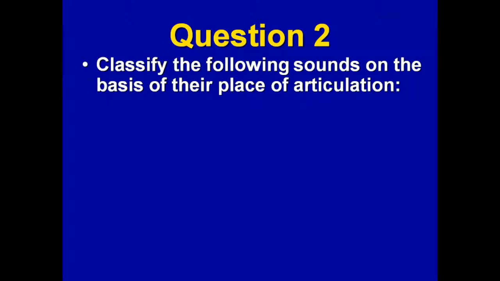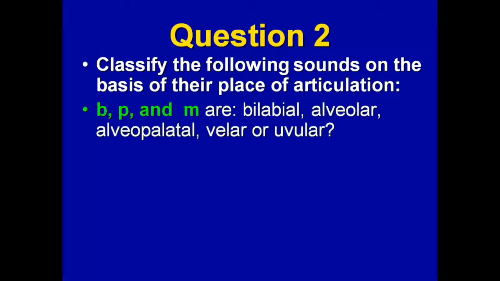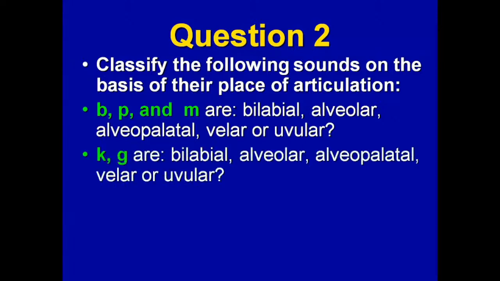Now, question number 2. Classify the following sounds on the basis of their place of articulation. So we have got b, p, and m. Are they bilabial, alveolar, alveopalatal, velar, or uvular? We notice that all of them are being produced by involving the two lips. So they are bilabial. K, g.